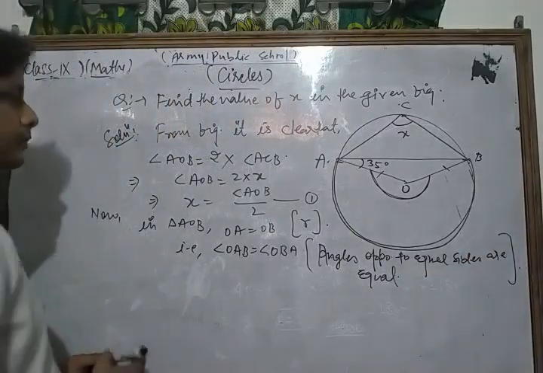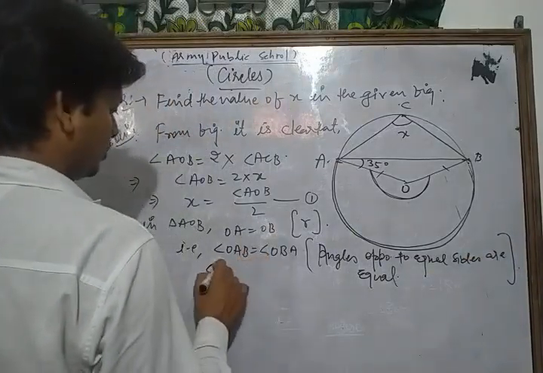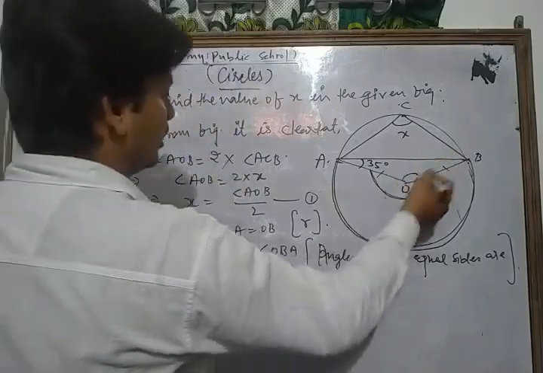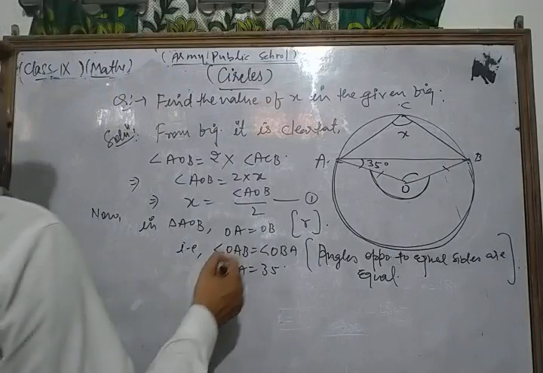So from there angle OAB is 35, so angle OBA is also equal to 35. Now in that triangle we apply the angle sum property.